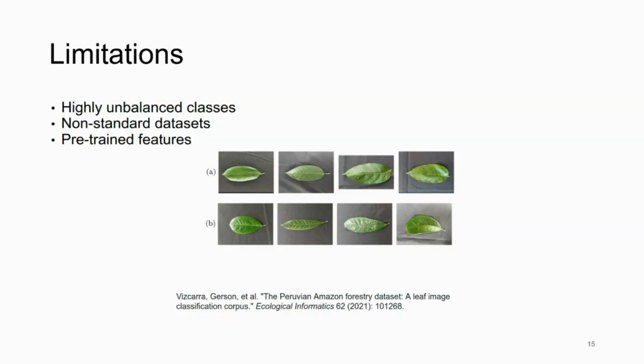Another limitation is non-standard datasets. We addressed mostly object-centric datasets, datasets in which the class, whether we treat a sample as an anomaly or as a normal sample, is determined by a single coarse-grained object usually found in the center of the image.